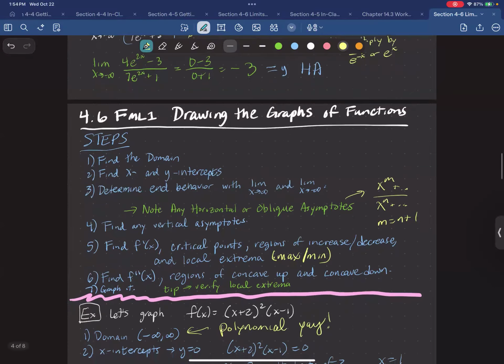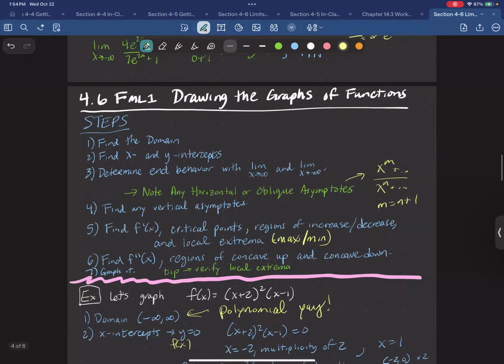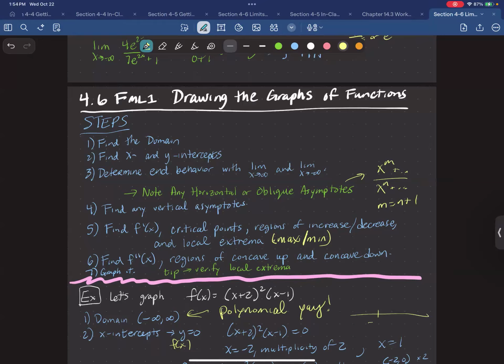Our intercepts: the x-intercept is when you set y equal to 0, which is f of x. So if we do that, we get x equals negative 2, and it's squared, so we have a multiplicity of 2. That means at negative 2, it's not just a root, but instead of crossing there, it's going to bounce off, either like that or like that.